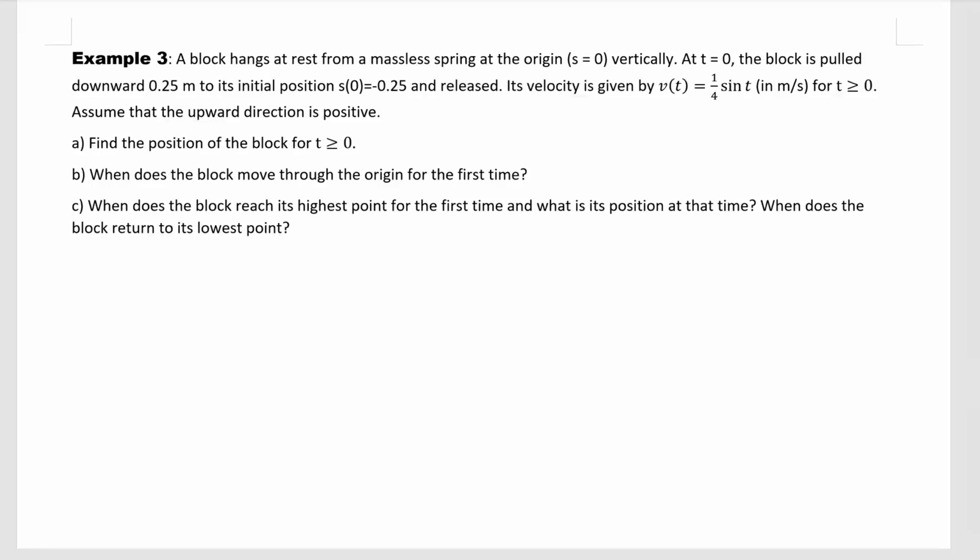At time equals 0 seconds, the block is pulled downwards 0.25 meters to its initial position and released. Its velocity is given by v of t equals 1/4 sine t for t greater than or equal to 0. Assume that the outward direction is positive. Find the position of the block for t greater than or equal to 0.